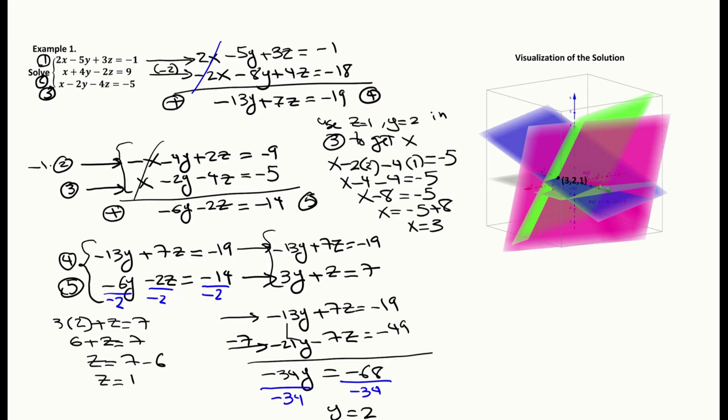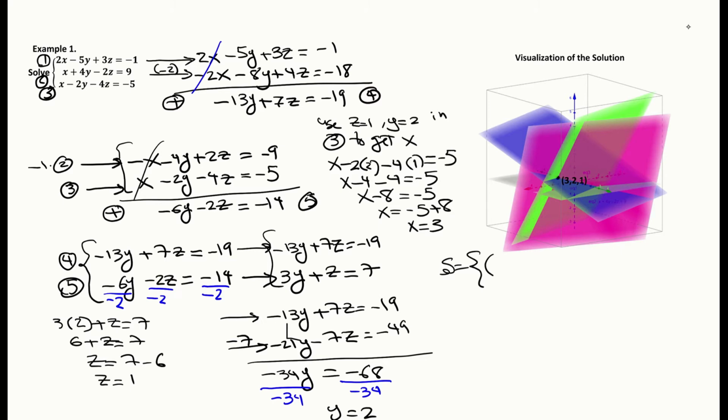So for the solution, we have come up with the ordered triple. And remember, that's only one solution. That's why the graph is so helpful, because you can see there's just one point in space that's going to satisfy all three of those equations represented by these planes.